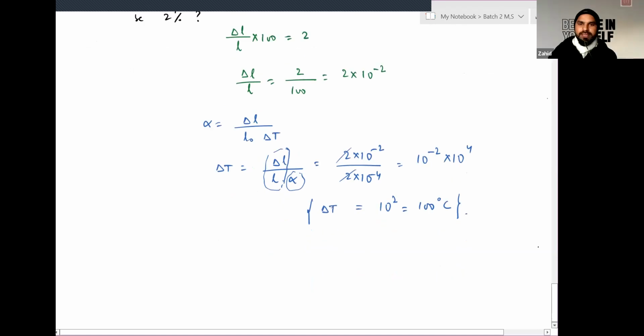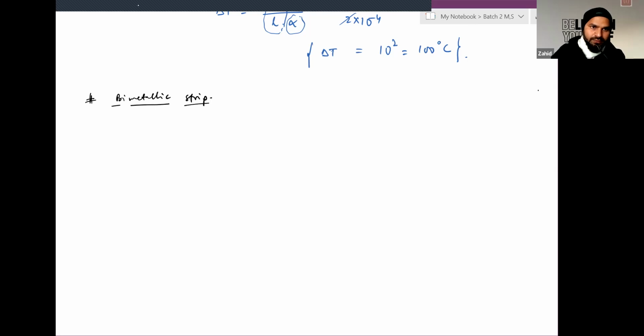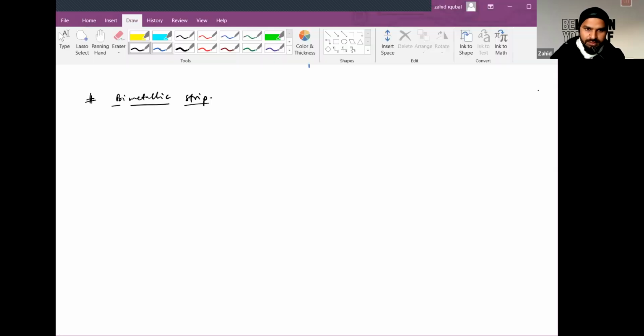Now, on the basis of this linear expansion, let me define its application. The first application is the bimetallic strip, which means two different materials or metals attached to one another to form a single strip.